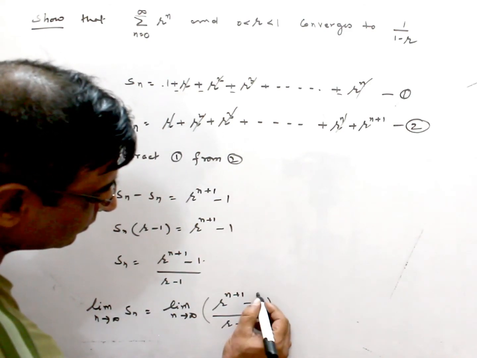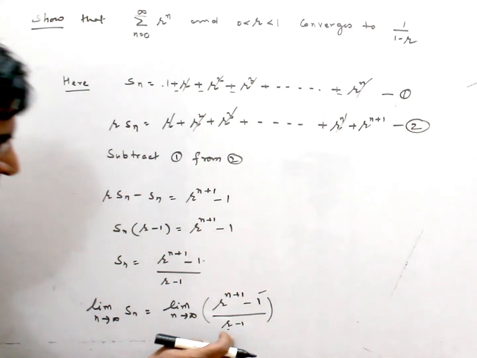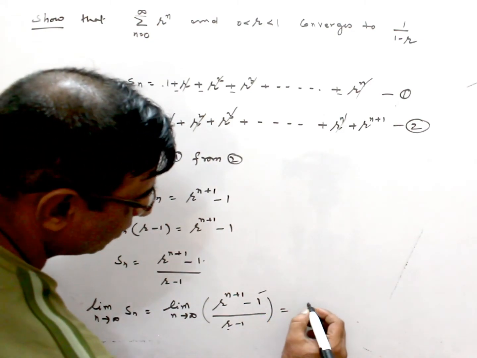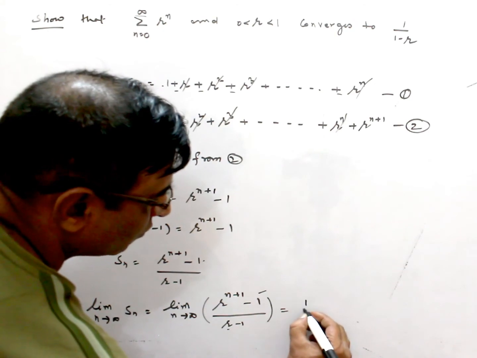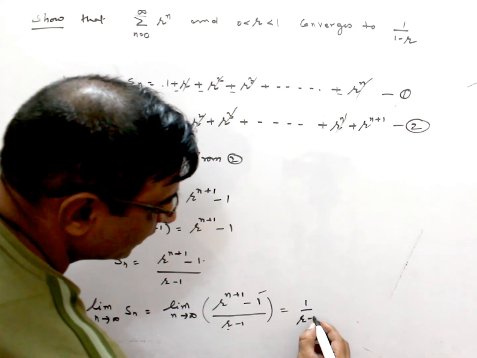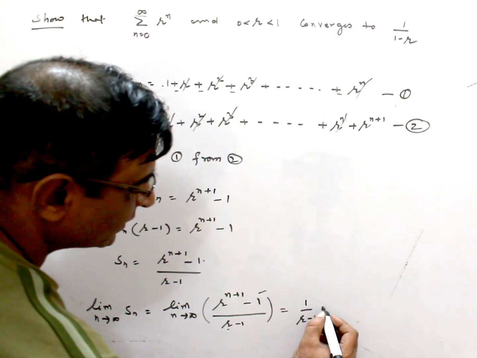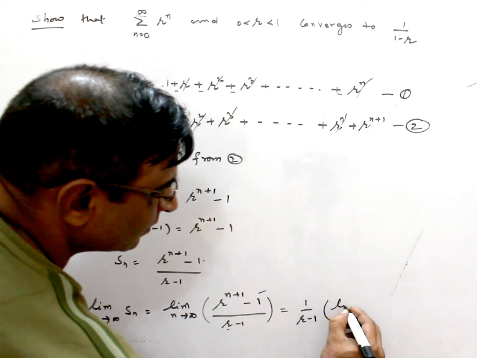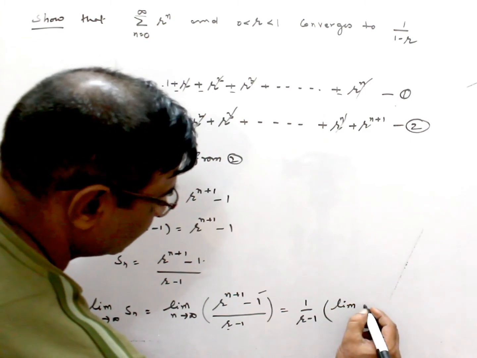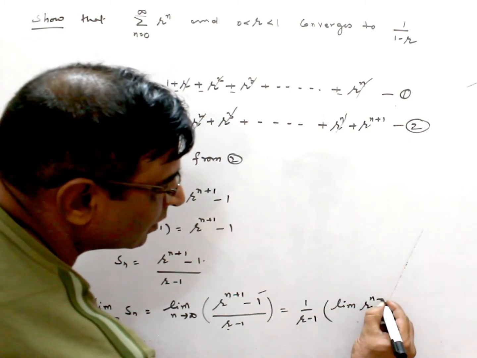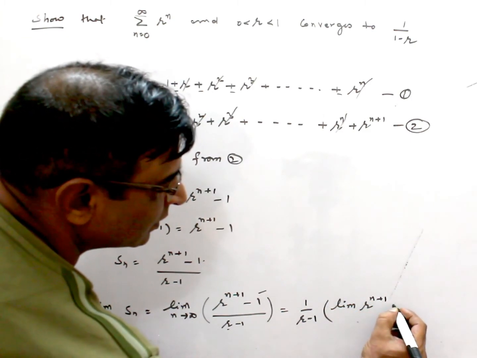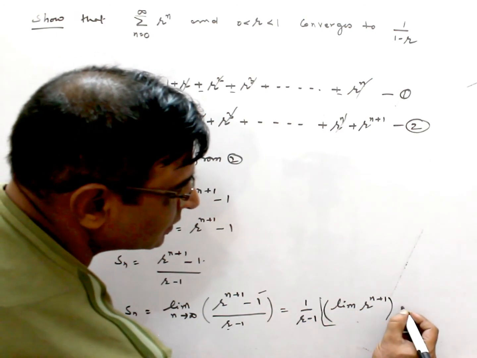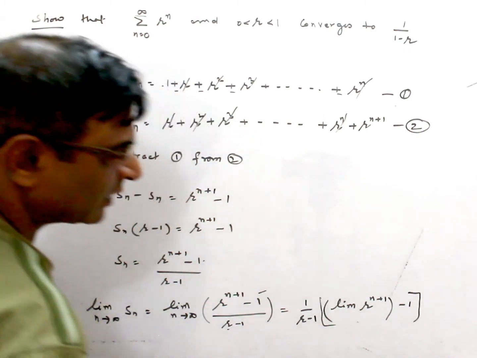This denominator is free from n, so I can take it out. That means 1 by r minus 1 is out, and inside I take the limit of r^(n+1) minus 1 as it is.